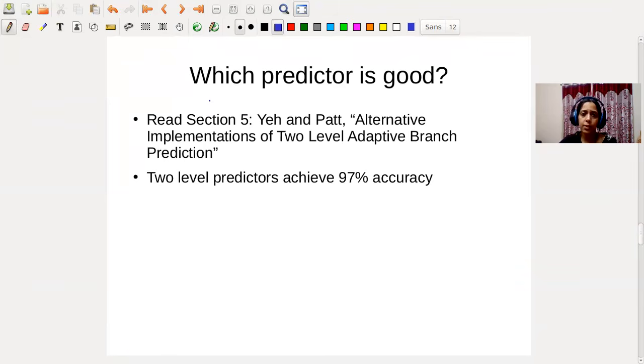So which one is good? The answer is it depends. You could read section 5 here. But overall, compared to the single-level predictors like the 1-bit or the 2-bit that we had, these 2-level predictors, which take into account this history, achieve a much better accuracy.